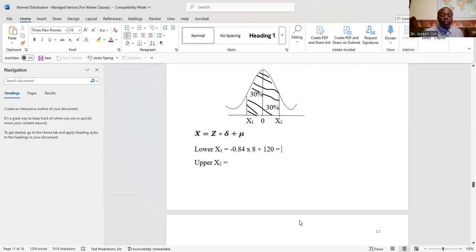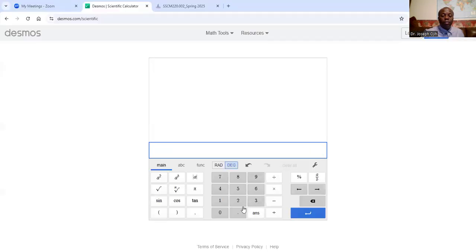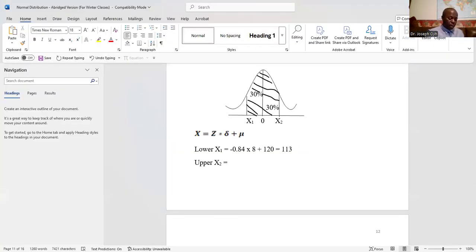That gives me 113.28 millimeters of mercury. That's how they measure it, as those of you in the medical line know.